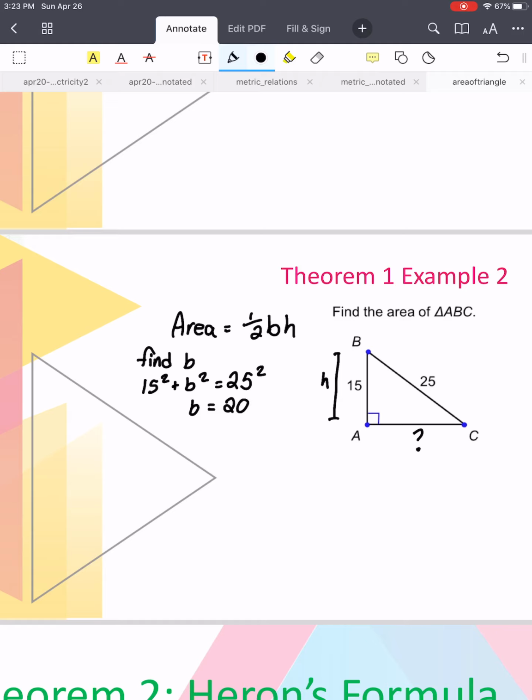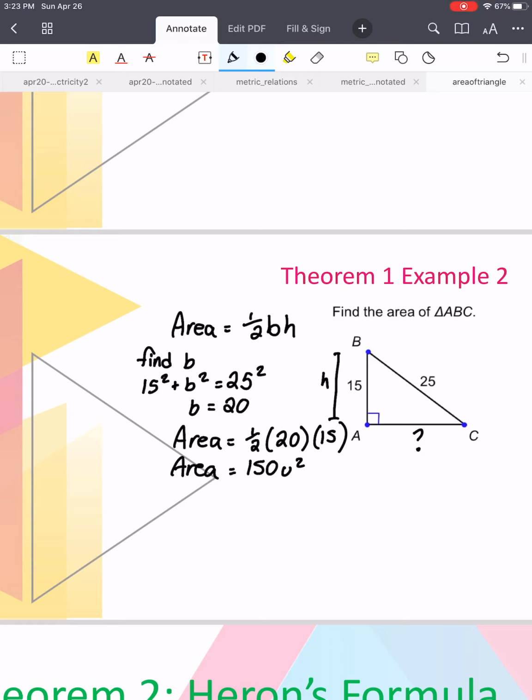Now that we have B, we can just plug that into our formula for area. So area is 1/2 times B times H. So the area, therefore, is 150 square units. Okay, so nothing really new here.